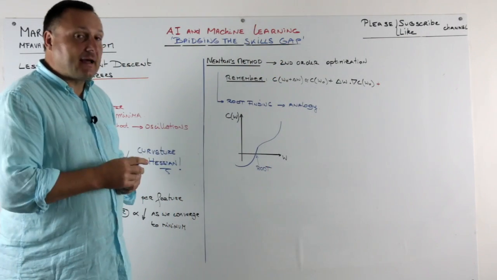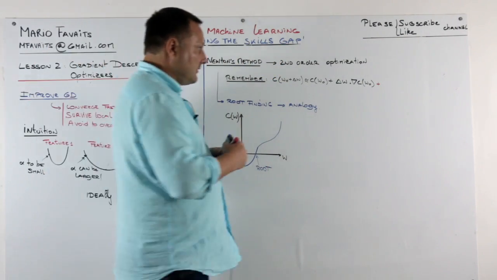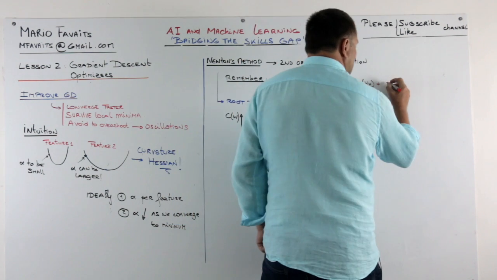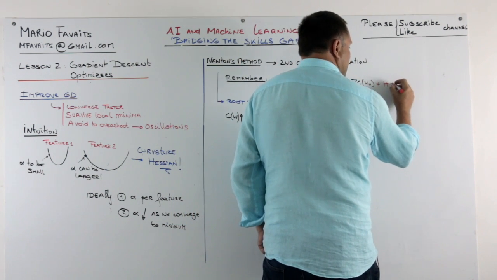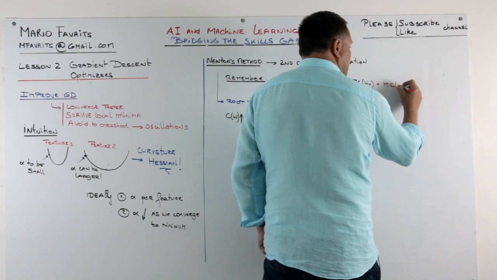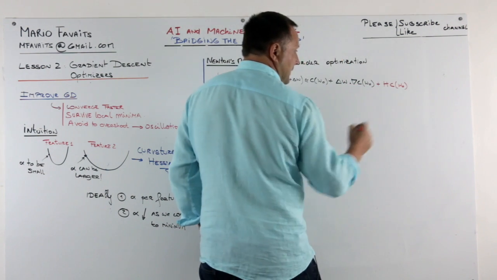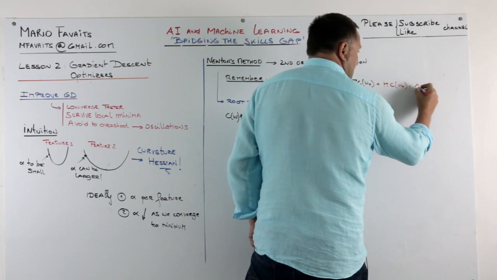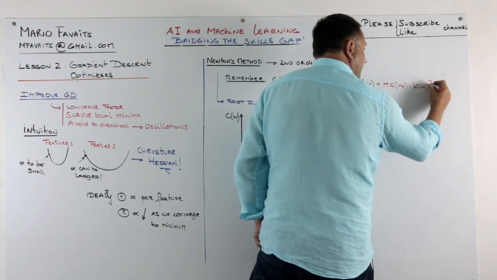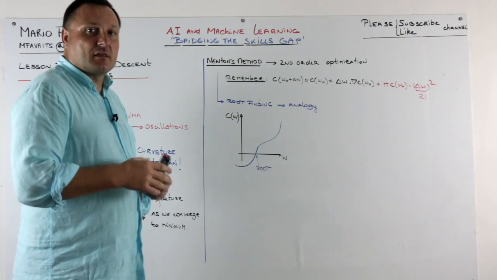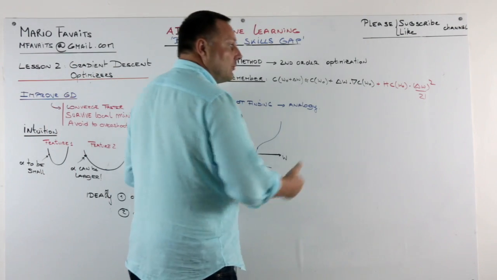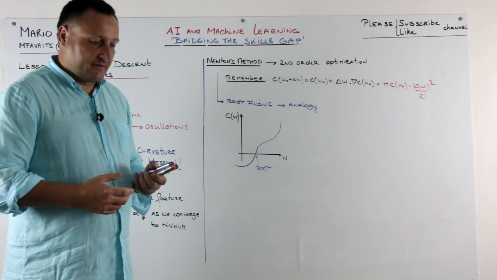We can actually add a second order term. The second order term would be the Hessian of C in the point W, times delta W squared divided by 2 factorial. This is nothing more than adding a second order term to the Taylor series.